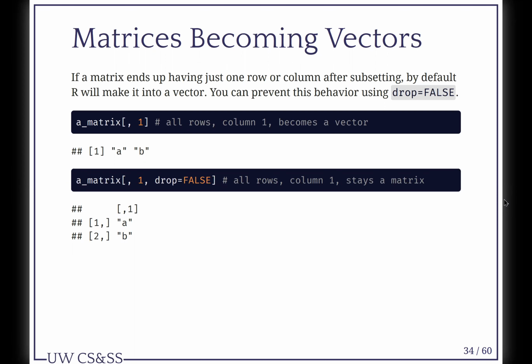So we want just the first row. If you wanted the opposite of that, of row 1, all columns. So if you wanted row 1, it should be 1.